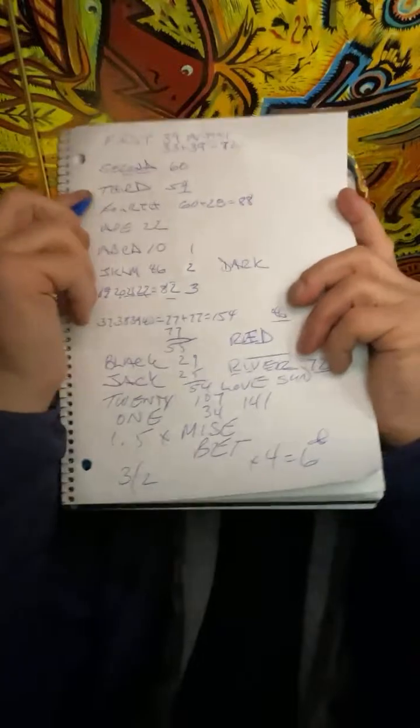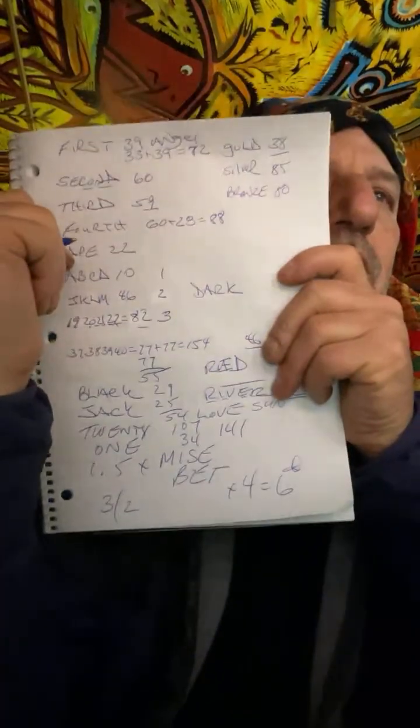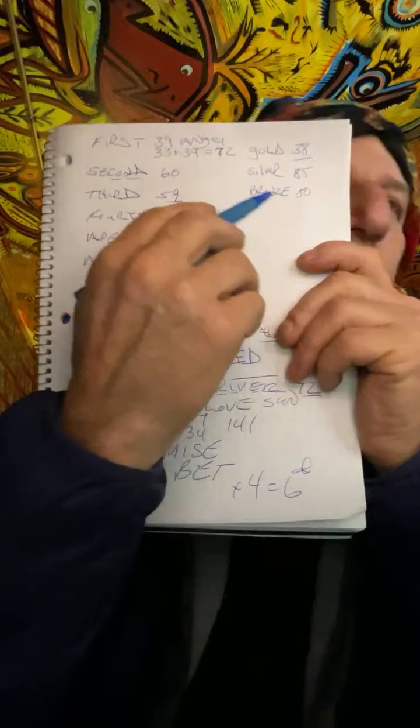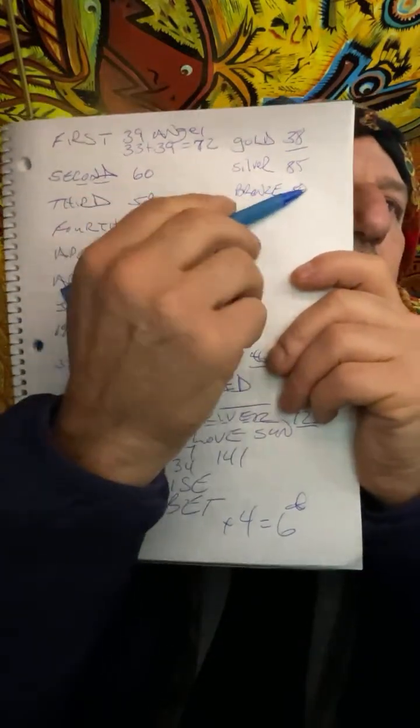At the same time, these numbers can be regarded in a different fashion, where first is now the gold, second is now the silver, and third is the bronze. 80, 85, and 38. When each one of these is multiplied and added, the bronze will equal 8.